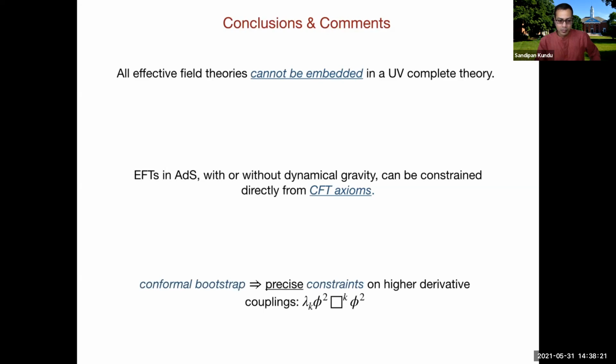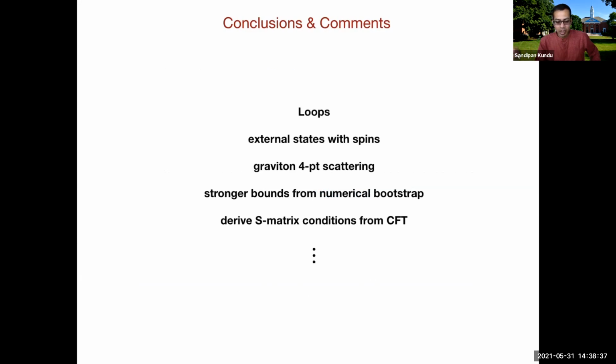And more precisely, I showed that conformal bootstrap produces precise constraints on higher derivative couplings such as this. And actually, this framework is a very general framework, and there are many other applications of the same setup.